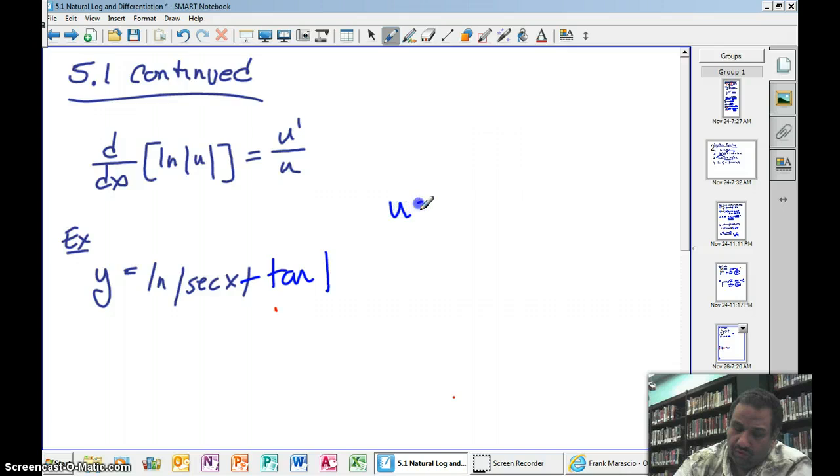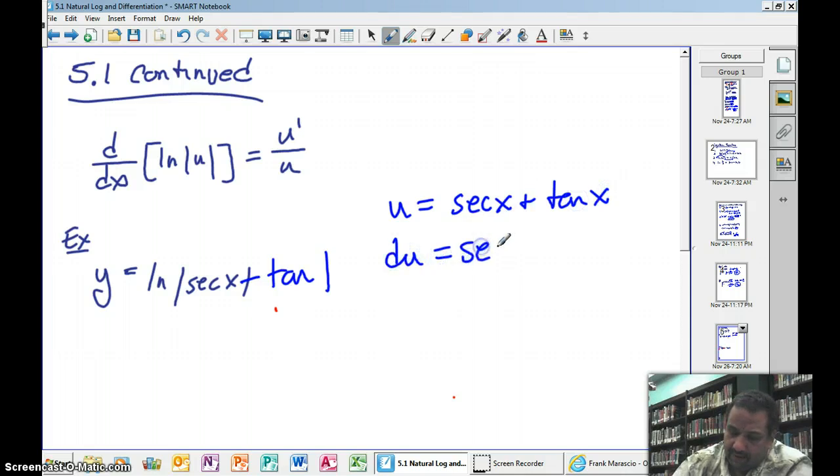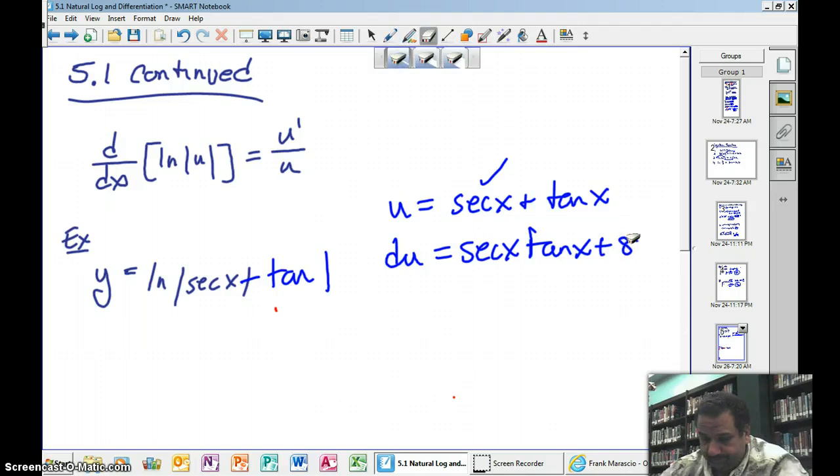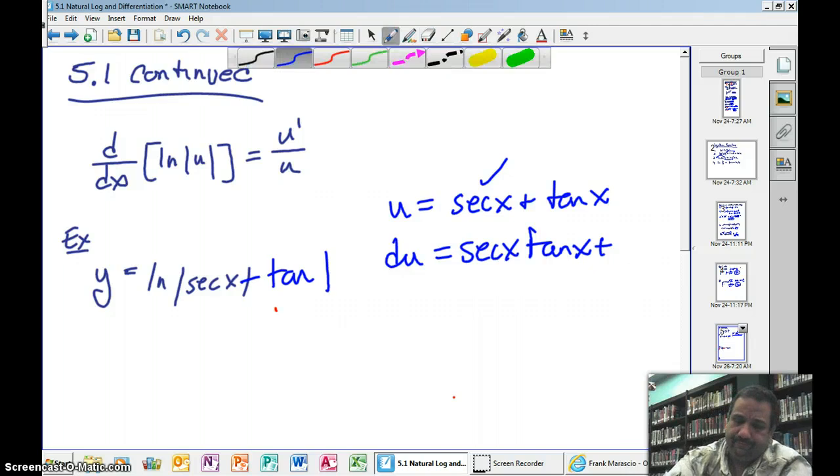So if I say u equal to secant x plus tangent x, du is going to be secant x tangent x. That's the derivative of that guy, and the derivative of tangent is secant squared. Working hard here. Right, so that's its derivative.